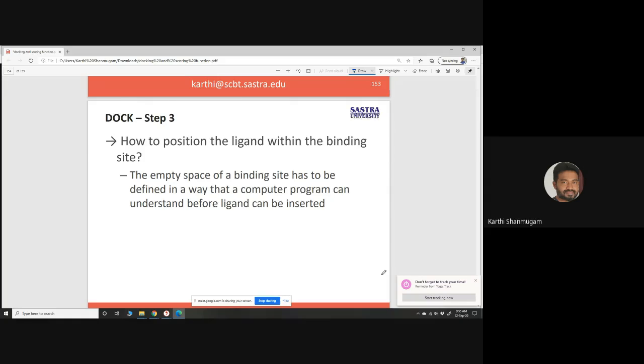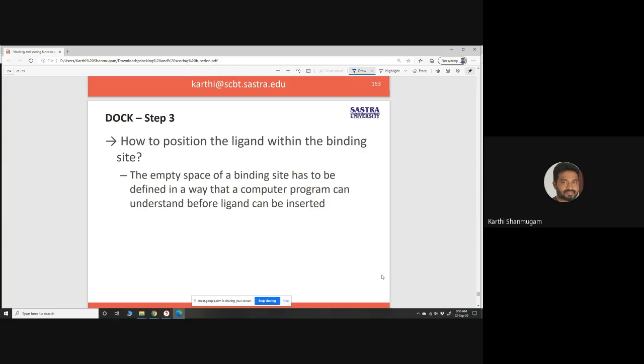If we give this information clearly, then the algorithm can take the ligand molecules one by one and fit them inside the binding site. That is what I have represented here. The empty space of the binding site, which we identified in the previous step, has to be defined in a way that a computer program can understand before the ligand can be inserted.